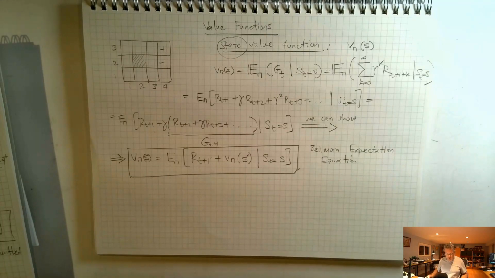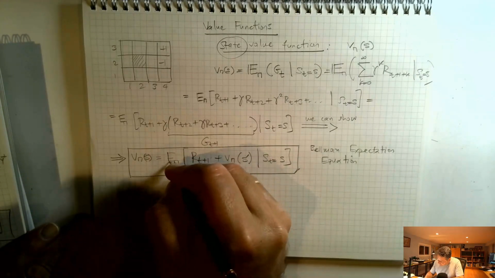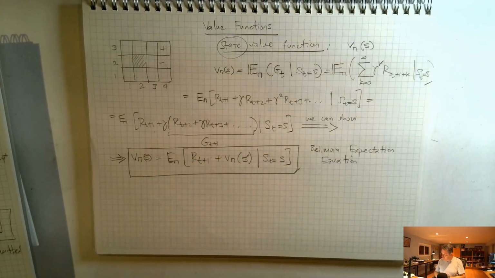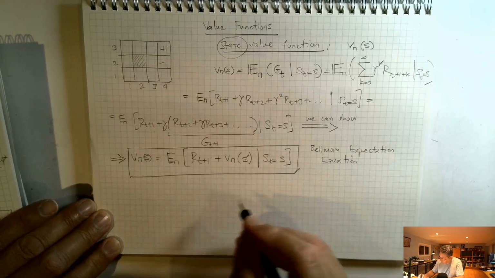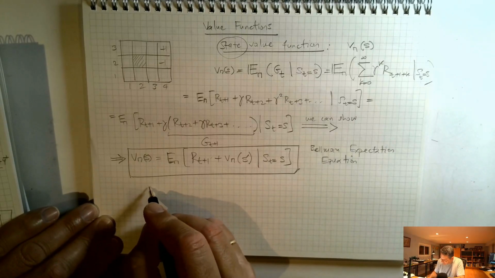Effectively, it allows us to compute the state value function from the state value functions of next states and so on. It defines a way of calculation, and looking at this equation in a tree form makes it easier to see.